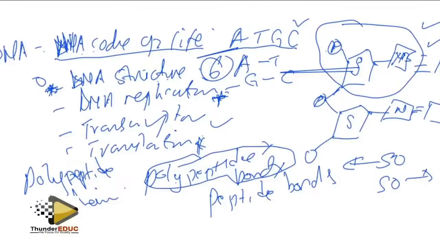Who discovered the structure of DNA? James Watson and Francis Crick. Another question. What is the difference between DNA nucleotide and RNA nucleotide? They are not asking what is the difference between DNA and RNA.